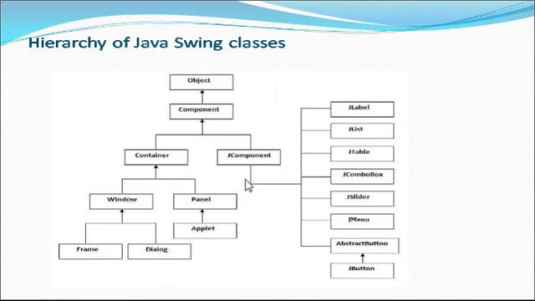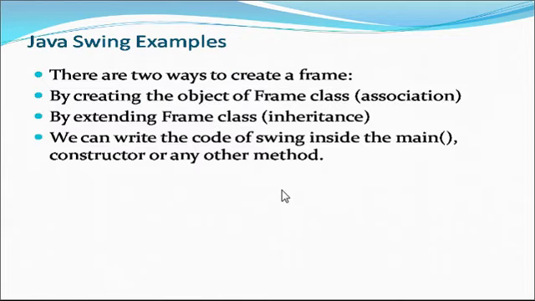First is the container, second is the component: window, panel, applet, dialog, and so on. These are used in programming code to create objects on your panel or container, such as components, menus, sliders, and combo boxes. These are extra features compared to AWT.